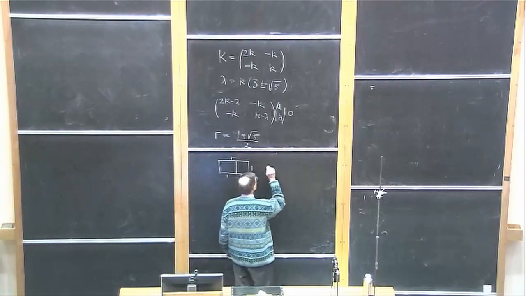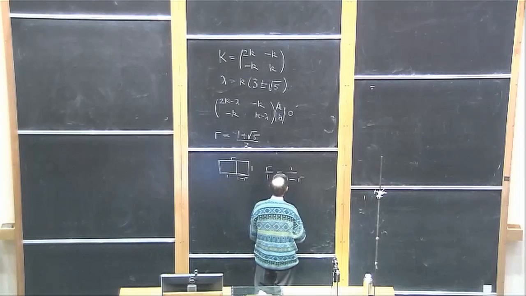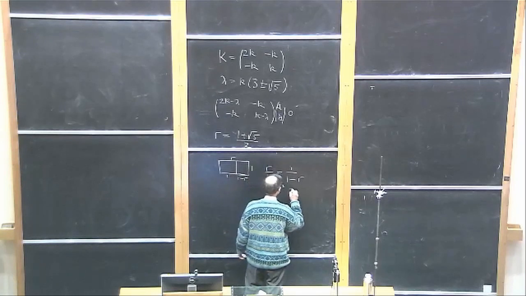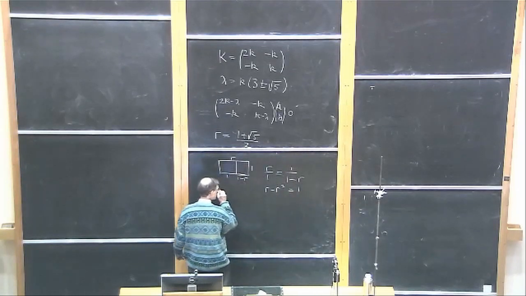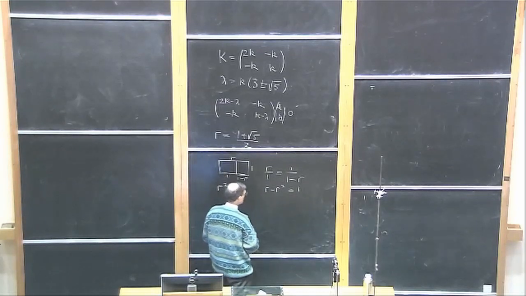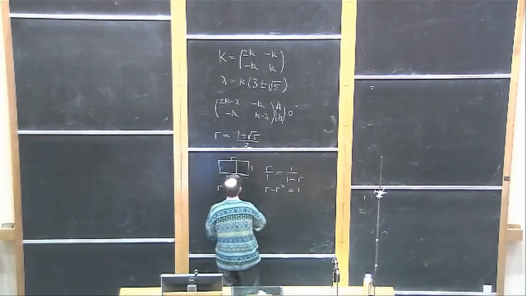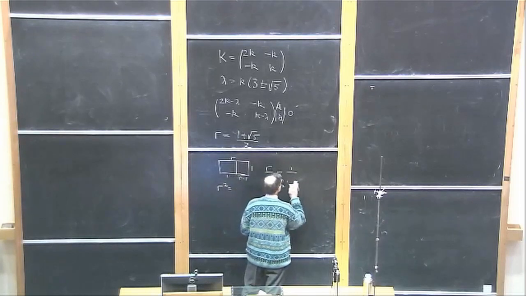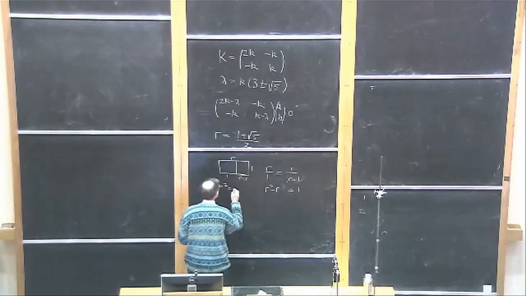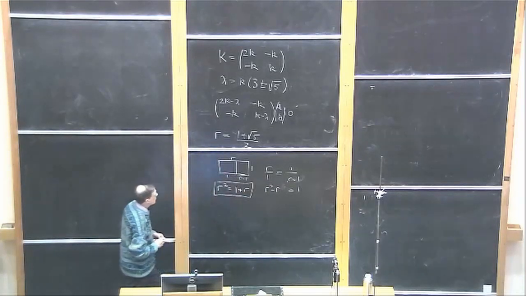So that means that r over 1 equals 1 over r minus 1, which gives us r squared minus r equals 1. So r squared is 1 plus r. So that's the defining property of the golden ratio. And you can easily show that that's true here.